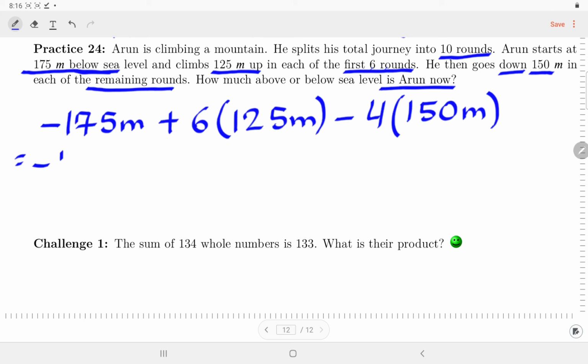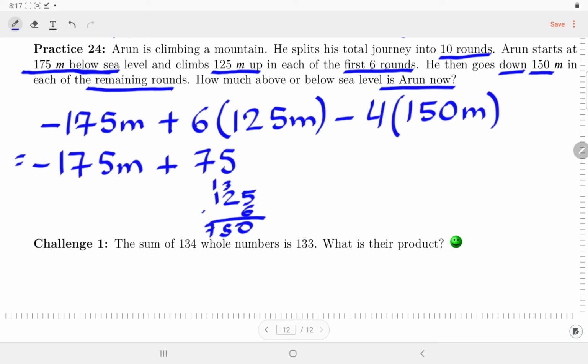That's negative 175 meters plus 125 6 times. That's 750, minus 4 times 150 meters. That's 600 meters.